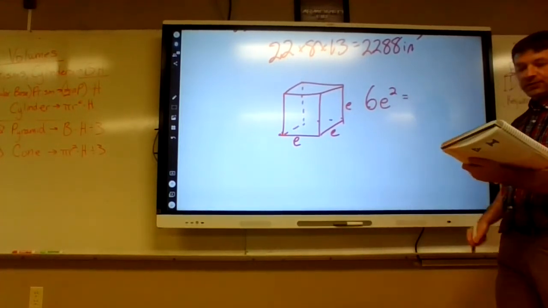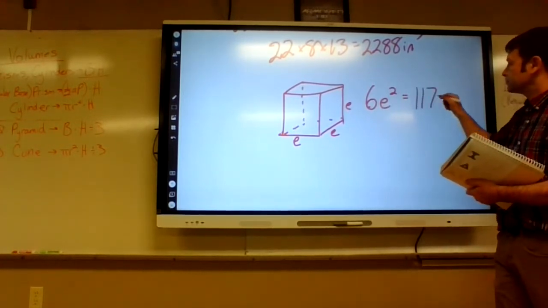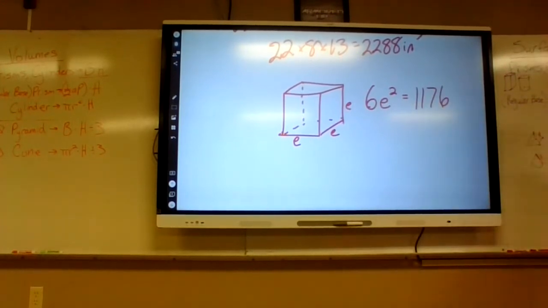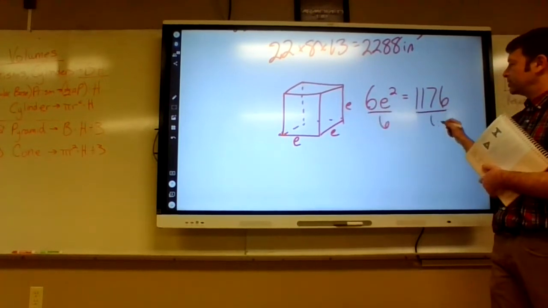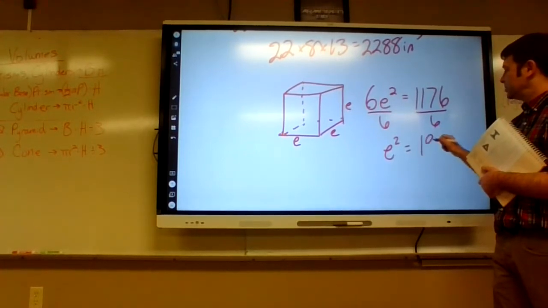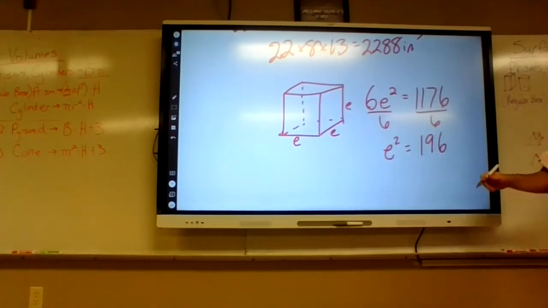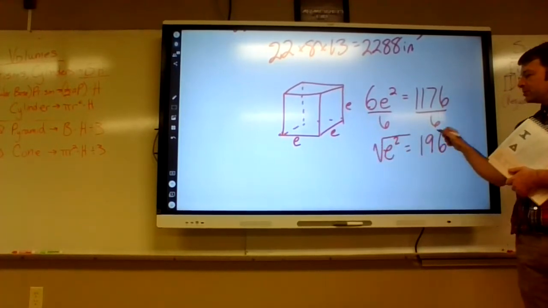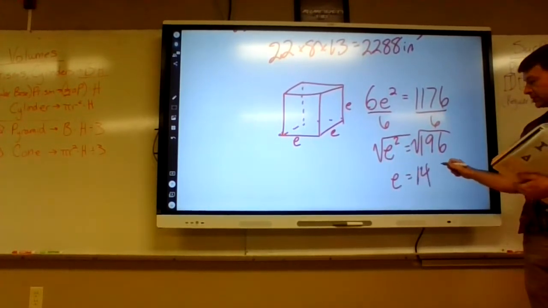Okay, they tell us the surface area on this one is 1176. So how do I go back and figure out what each edge must be? Divide by 6. That would be 196. To get rid of the square, you do the square root. 14.